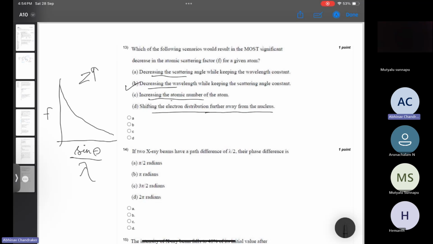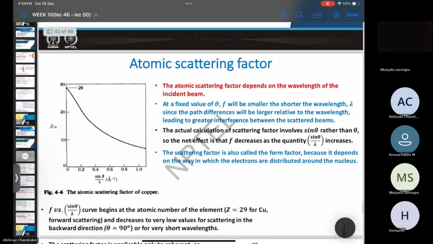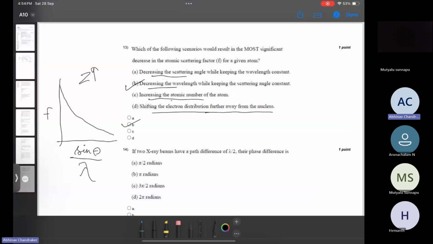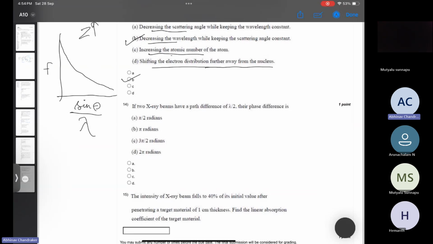So this will lead to the most significant decrease in F. The answer should be B. This was also covered in the lecture. Because the wavelength also has an effect on the phase difference. Since for the same path difference, you have a smaller wavelength, which will lead to a higher phase difference.